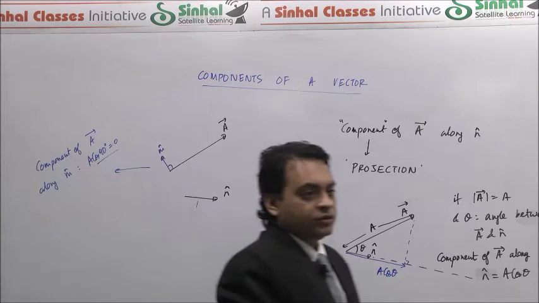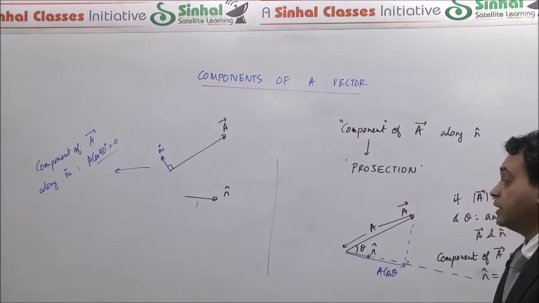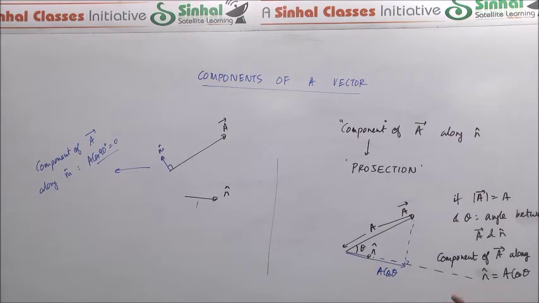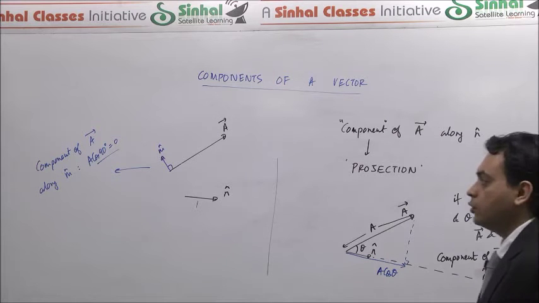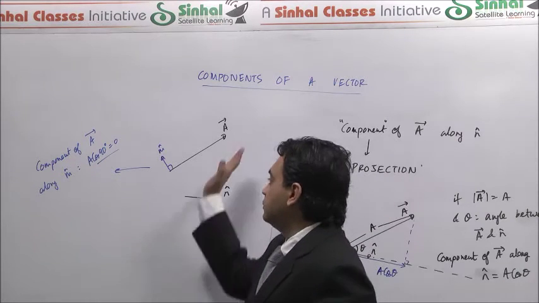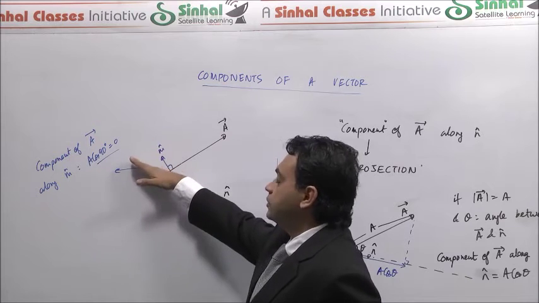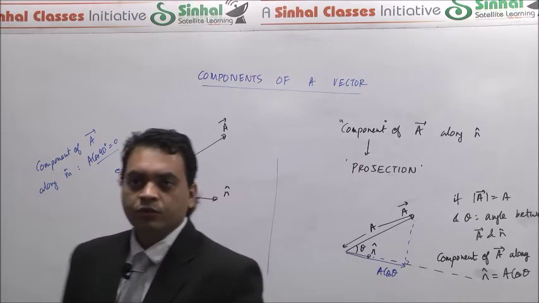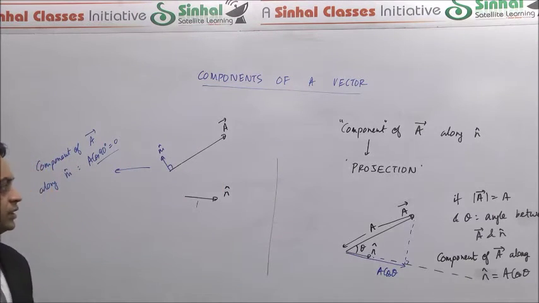So the component of a vector along any other unit vector can be 0. For that matter, it can even be a negative quantity if the angle between the given vector and the unit vector, instead of 90, is an obtuse angle, then it can be a negative quantity. But this is what we mean by the term component.